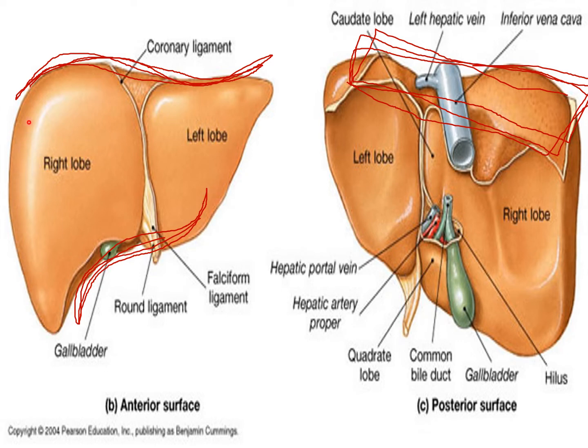This is the right surface of the liver. See the cursor moving. This is the right lobe and the right surface of the liver. This part is the anterior surface of the liver, and this one is the posterior surface of the liver. So these are the 5 surfaces of the liver.